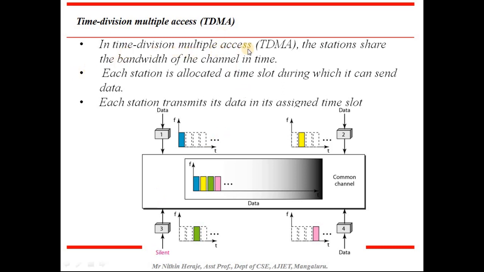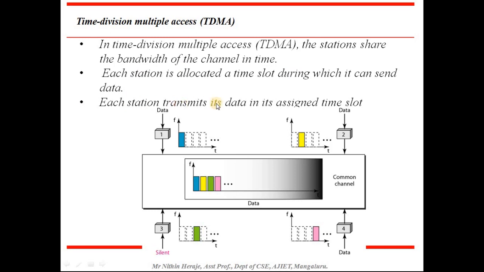In time division multiple access, that is TDMA, the stations share the bandwidth of the channel. Each station is allocated a time slot during which it can send the data.